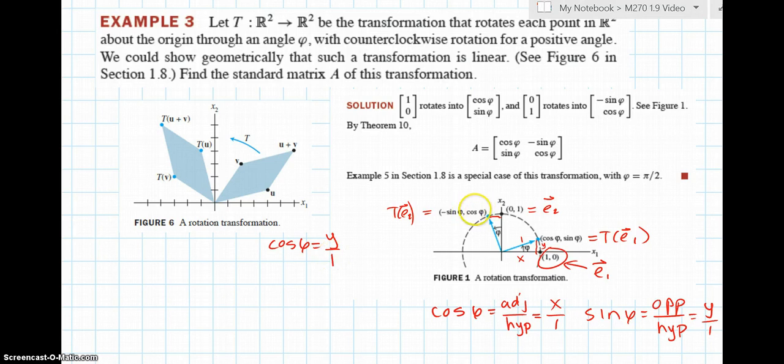So notice how the y is cosine of phi. Sine of phi is therefore the opposite over the hypotenuse, and the opposite is an x value. In fact, it's a negative x value. That's why they have negative sine of phi if you solve for x there. That is T of E2, which, by the way, is our second column.